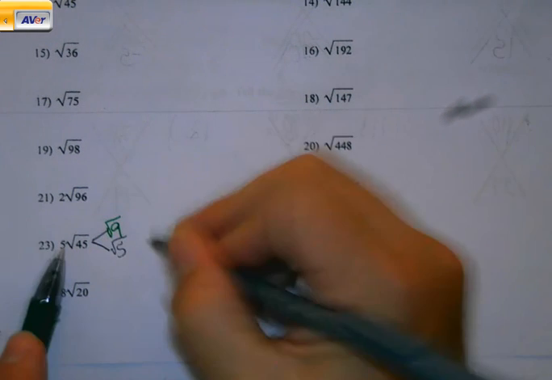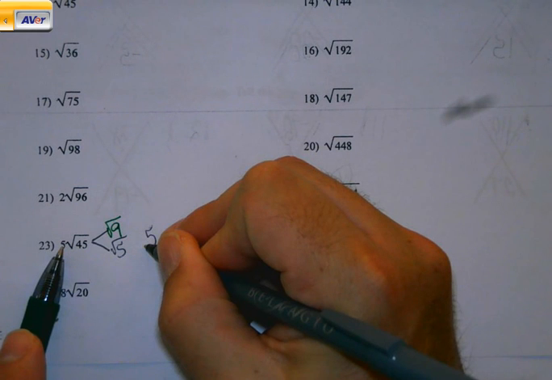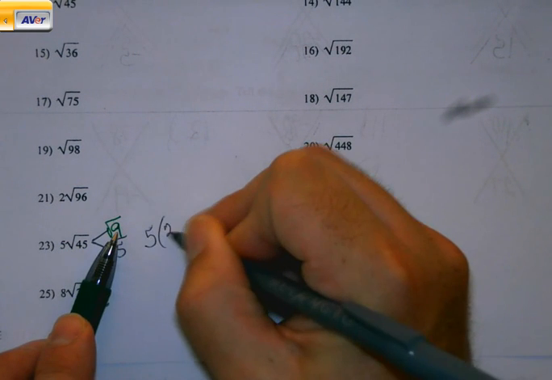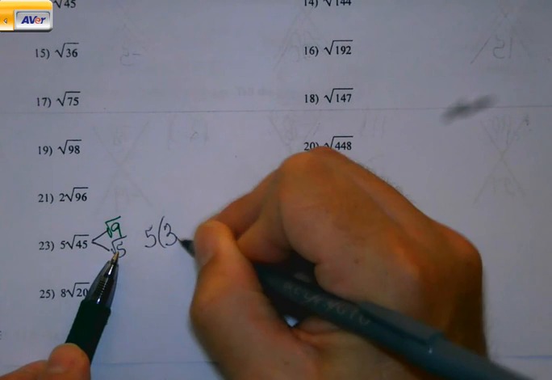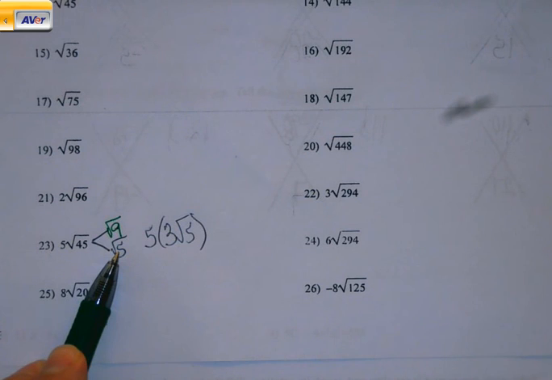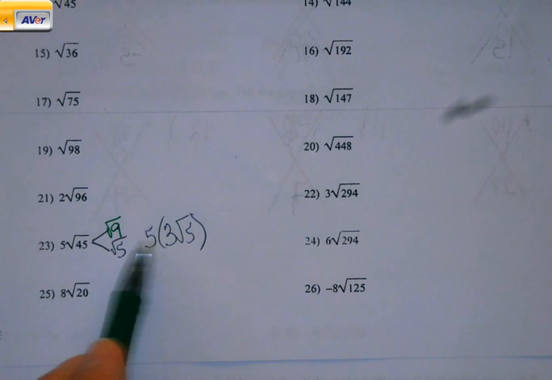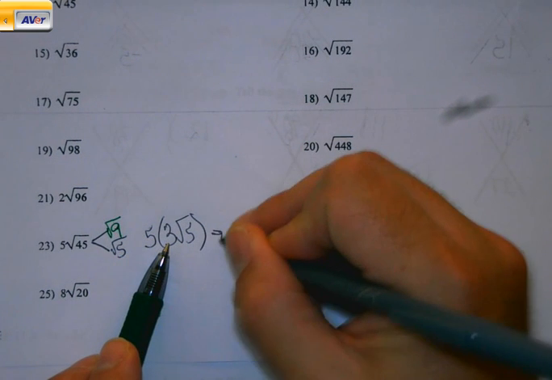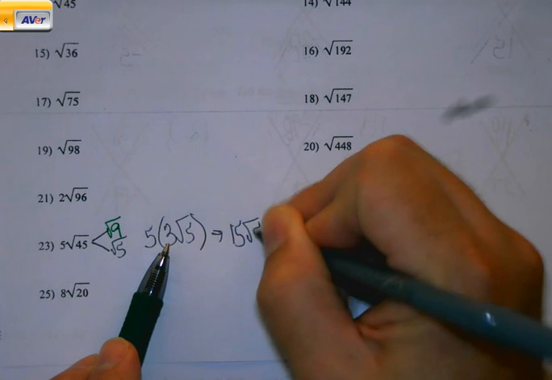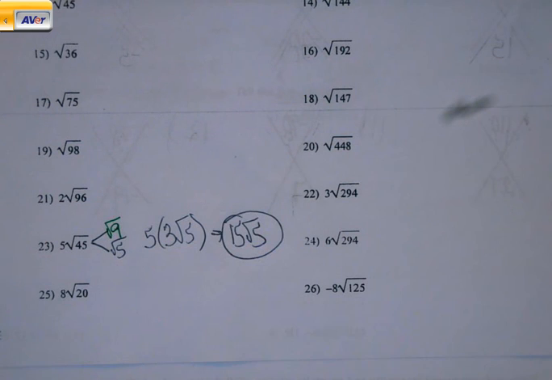So that 5 is still going to stay out here. My 9 breaks down. It's perfect. This 5, not so much. And now again, just like we did on our other one that didn't break down completely because we didn't get the largest square, I can multiply those together to get to my simplified form.